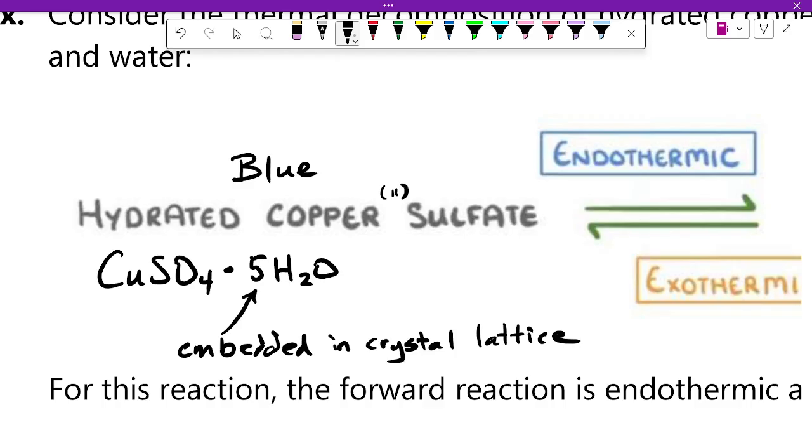What is holding the water inside the crystal lattice? Not hydrogen bonds, but intermolecular forces, which is the more generic term. A hydrogen bond is a type of intermolecular force. Okay, in this case, I would assume it would be an ion dipole interaction, but you do not need to know those names. You just need to know that it is an intermolecular force.